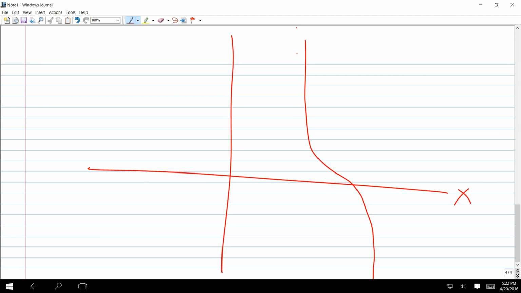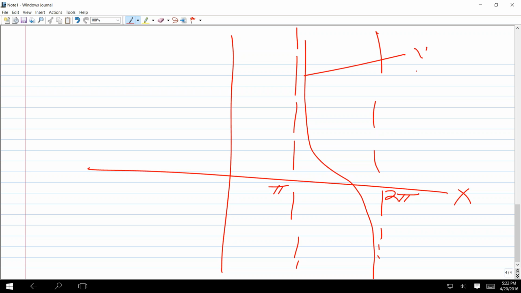But if I put the asymptotes in there, and I say that's pi, and that's 2 pi, now what kind of curve is that? That is a cotangent graph. Remember, cotangent's always decreasing. So it's either a cotangent curve or a negative tangent curve.